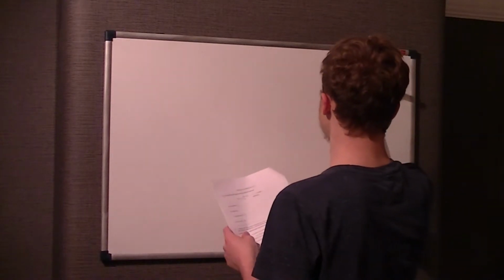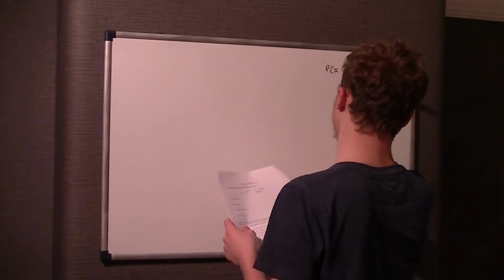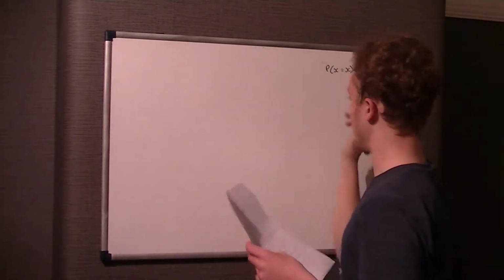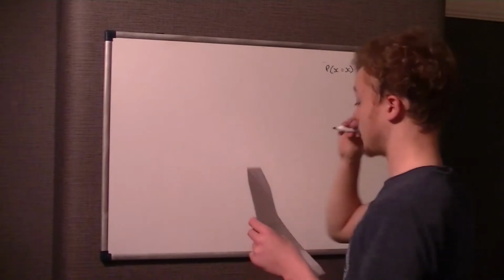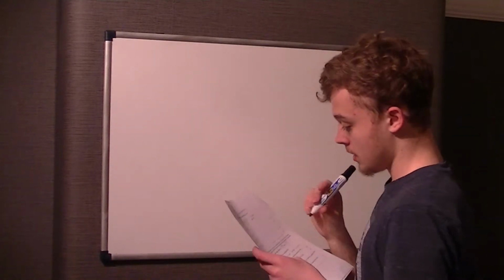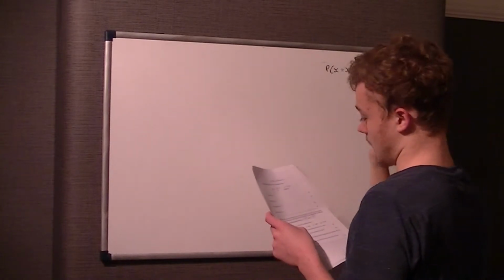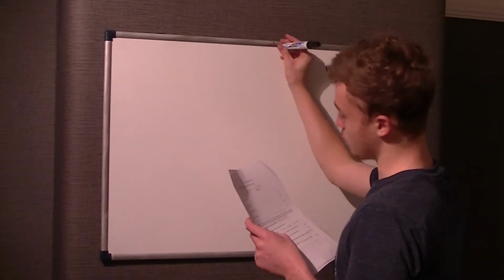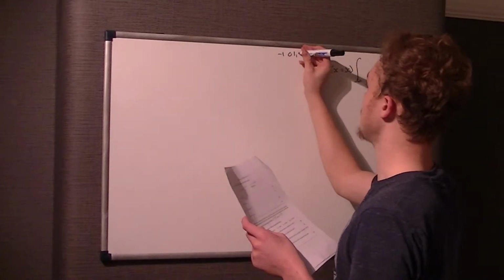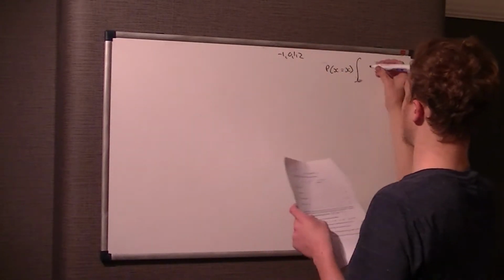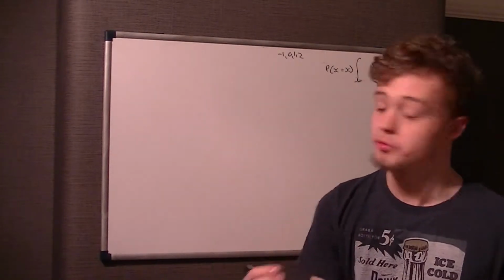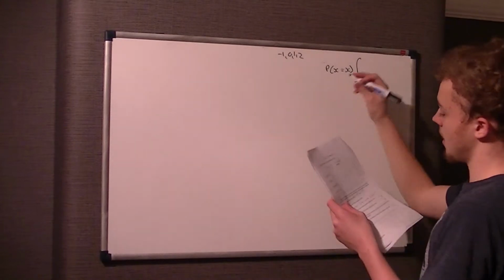We're told that P(X = x), the probability of when x is -1, 0, 1 and 2, then the probability function is a probability at each one of these.